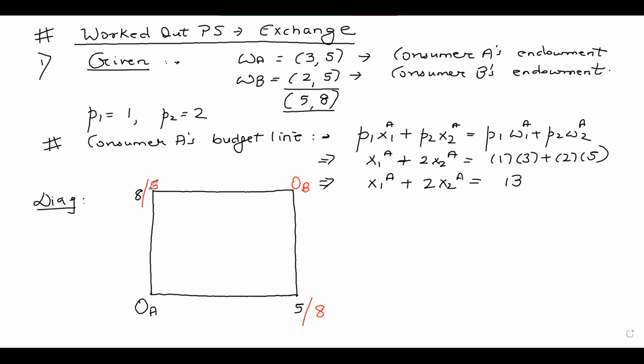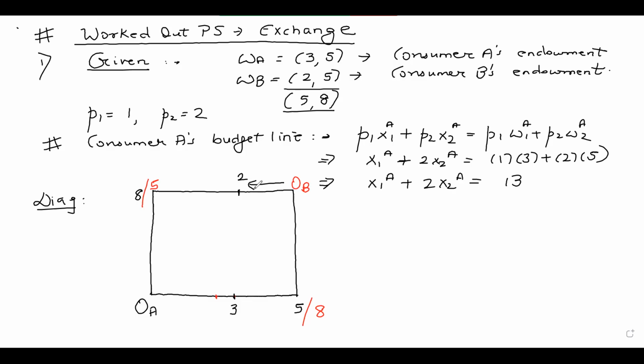How do I locate the endowment 3, 5? 3 will be somewhere here from A's origin, so from B's origin this will be 2.